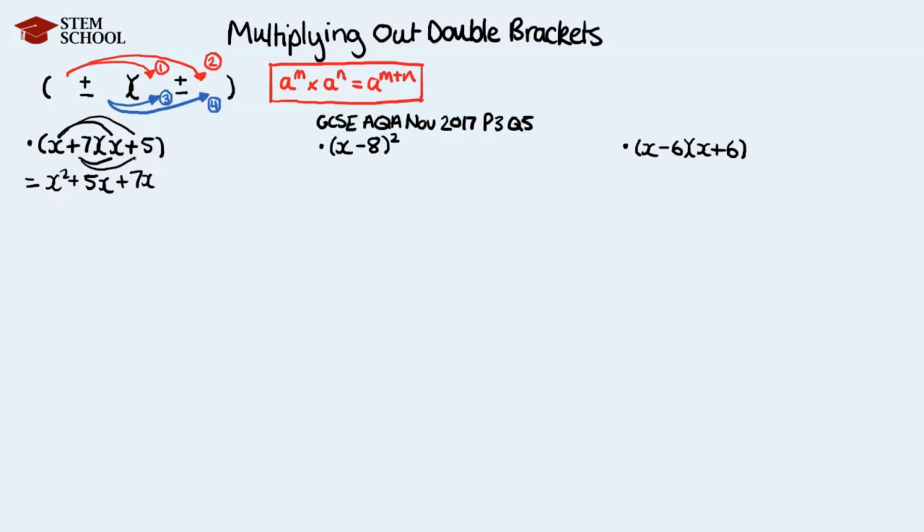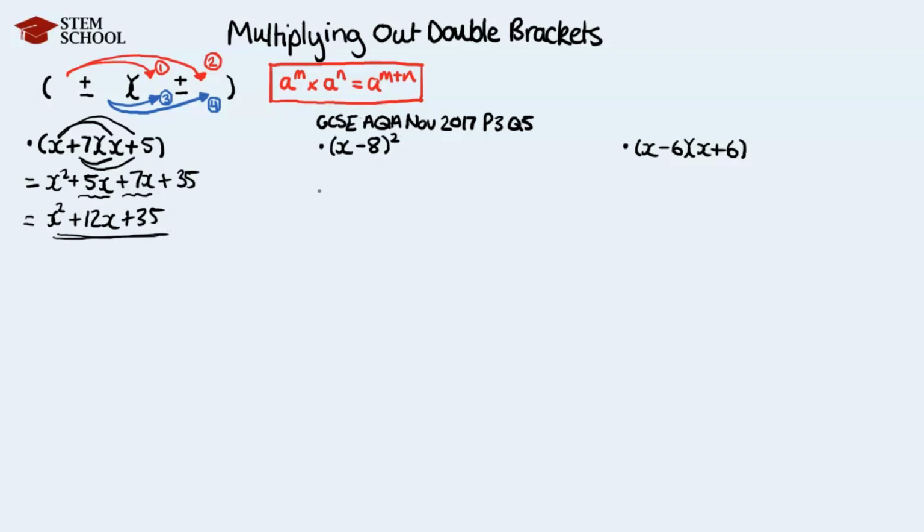And then positive 7 times positive 5, well that's simply 35. And then what we do is we simplify that by collecting the like terms. So we have a single x squared term, so that's fine as it is, but we have 2 x terms here. We've got a positive 5x and we have a positive 7x, so that will be positive 12x. And then positive 35. And there we have it.